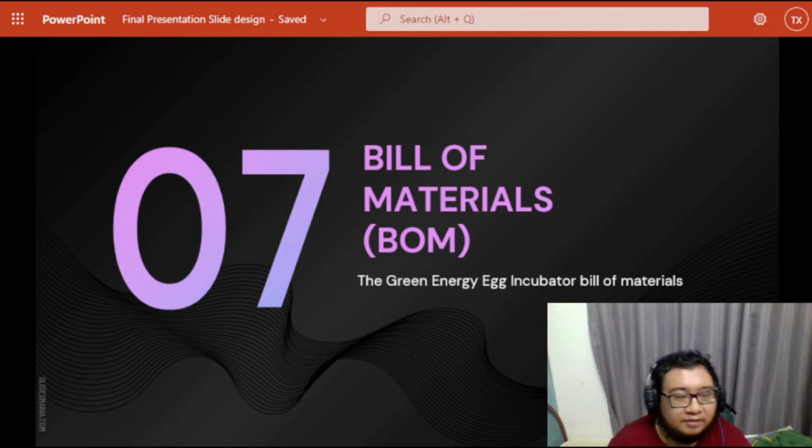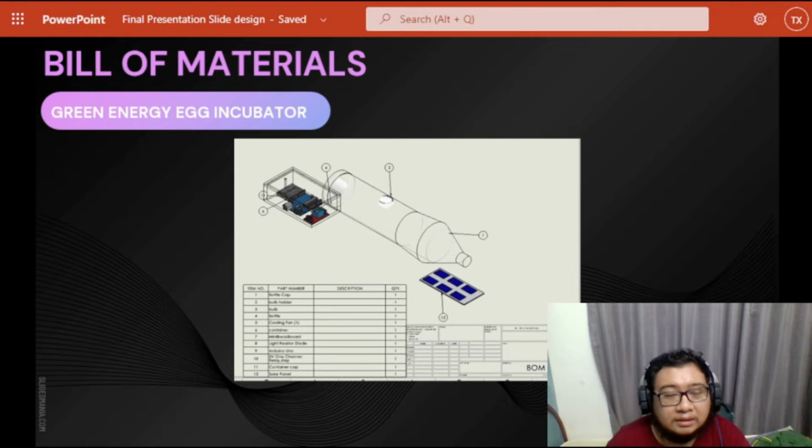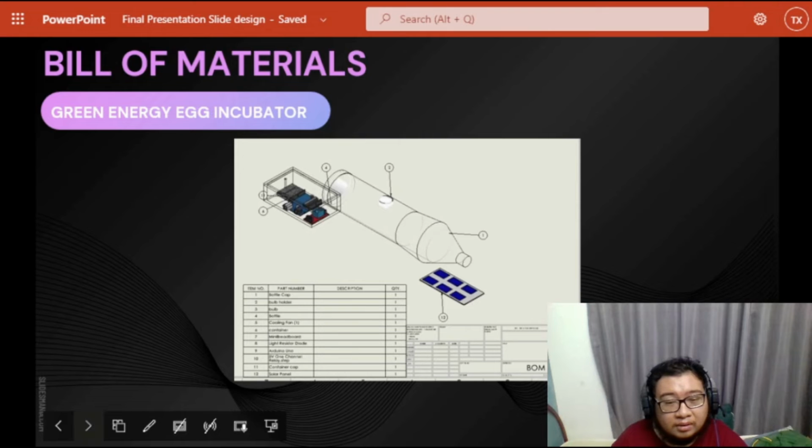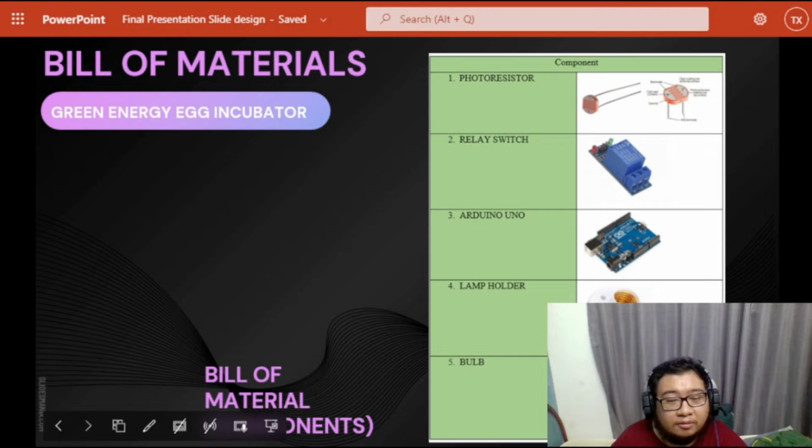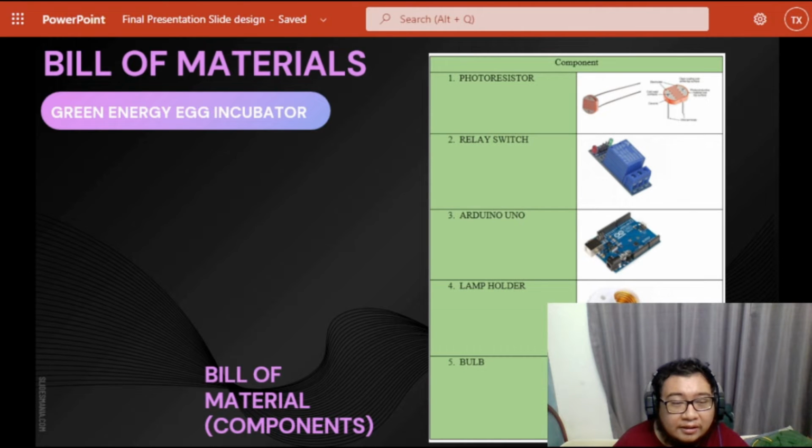Next, after the assembly view, we are going to look into the green energy egg incubator build. First of all, this is the component that we use for our green energy egg incubator. First of all, we are using a photoresistor to detect the light.